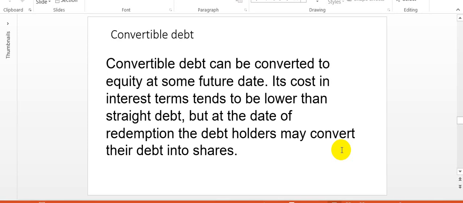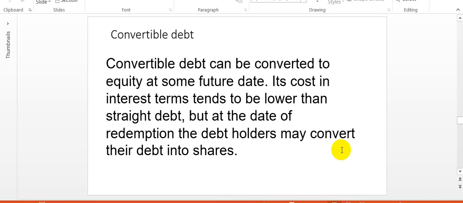You may be given another form of debt, which is a convertible debt. The convertible debt is a debt which can be converted to equity at some future date at the option of the debt holder. Its cost in interest terms tends to be lower than straight debt, but at the date of redemption, the debt holders may convert their debt into shares.